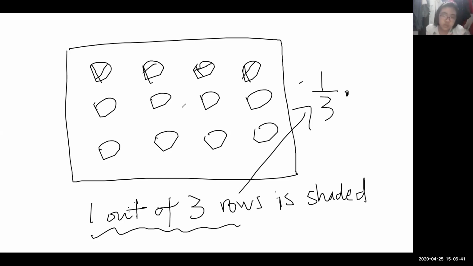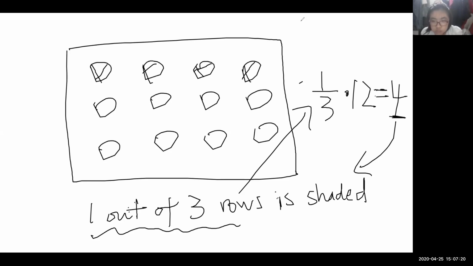The total. Twelve. So 1/3 times 12 is 4. So it means 4 are shaded, right? Okay. So this is 1 out of 3 rows is shaded.